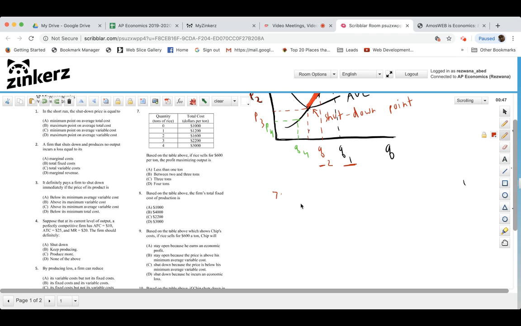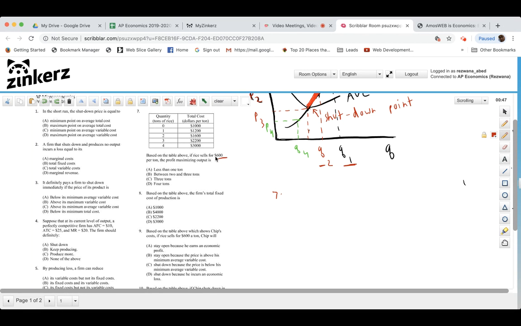The part I didn't understand is if it is 600, how should I go to 600 if the minimum on the table is 1,000? Okay, let's clarify what this is. This is if rice sells for 600 per ton.